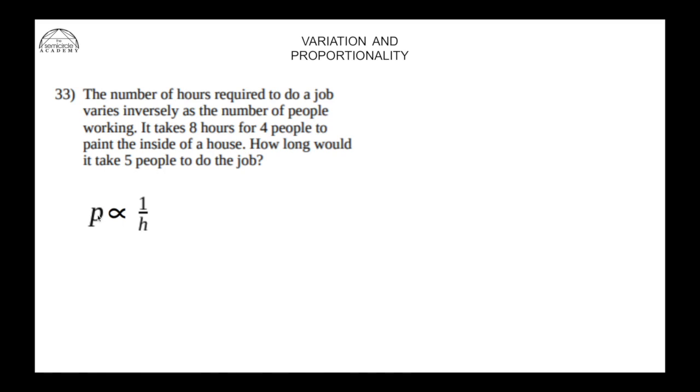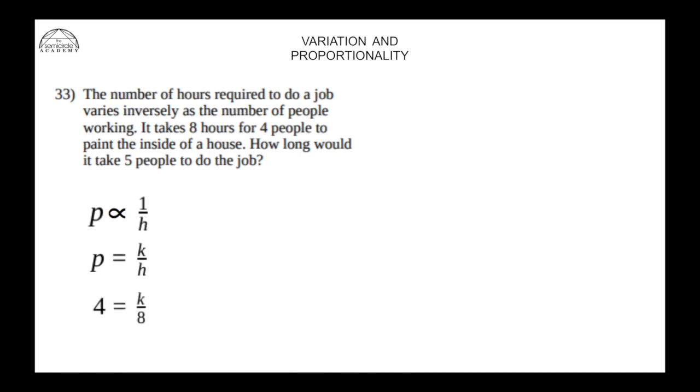So from this proportion, P is inversely proportional to H, I could form my equation, P is equal to K over H, where K is the constant of proportionality. Yeah? And you see here that they gave me a value for H, which is 8 hours, and they gave me a value for P, 4 people.